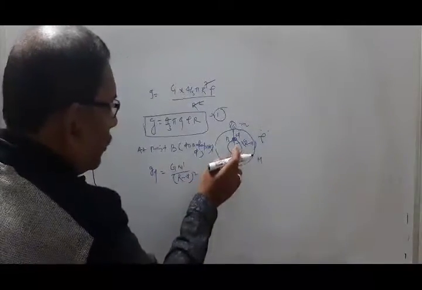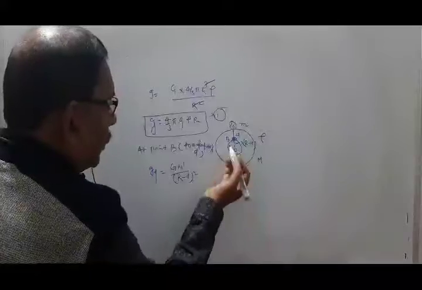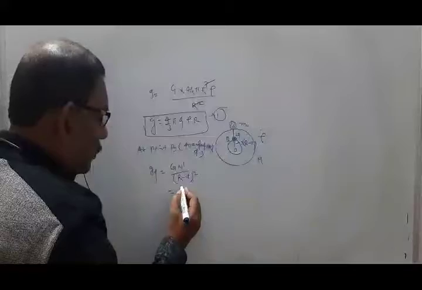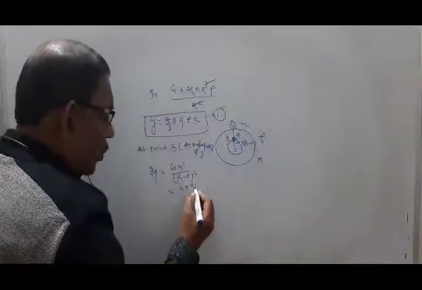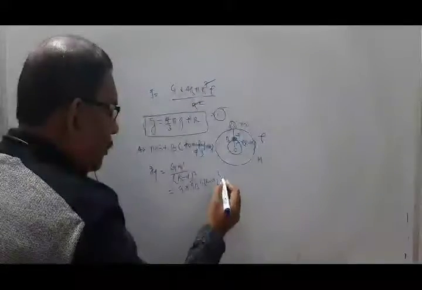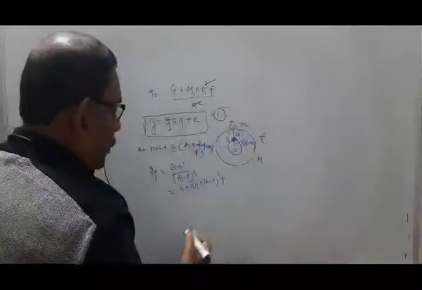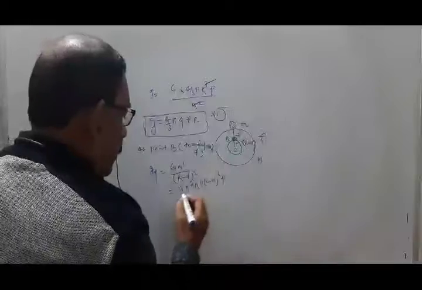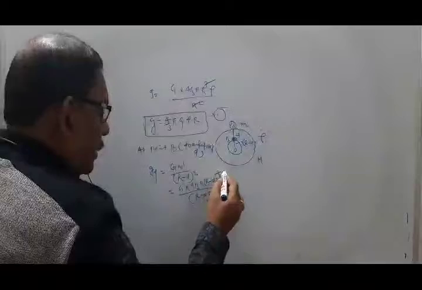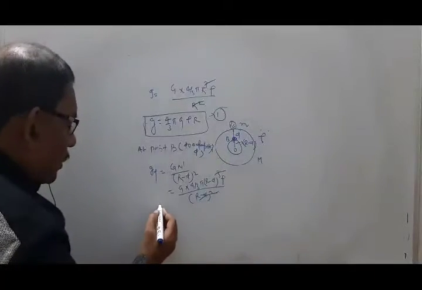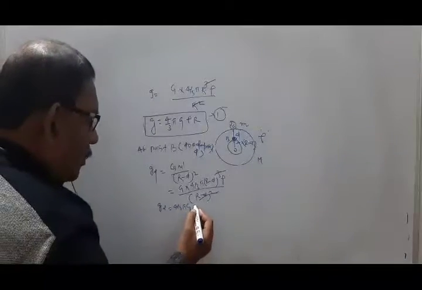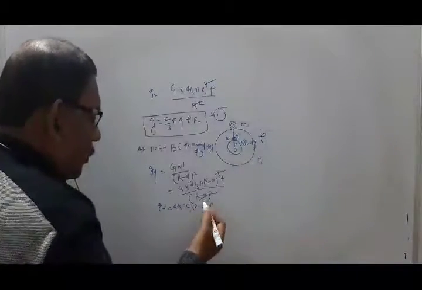This is the radius from center to B, and the mass is M dash. Now replace this mass in terms of density, 4/3 π(R−d)³ρ by (R−d)². Let this become g_d = 4/3 πG(R−d)ρ.